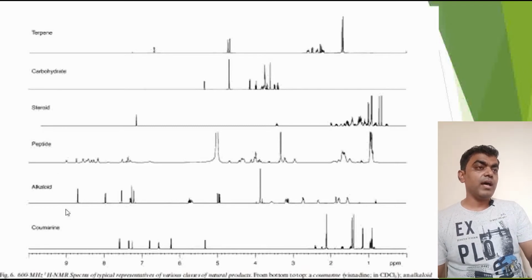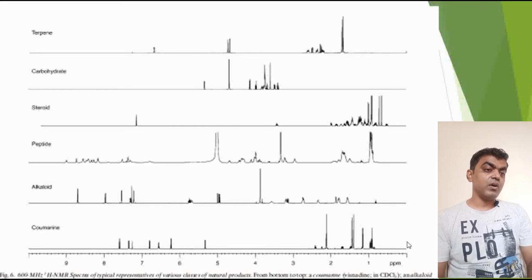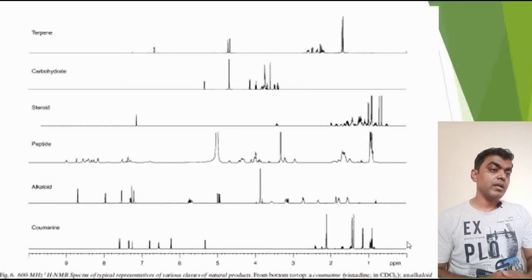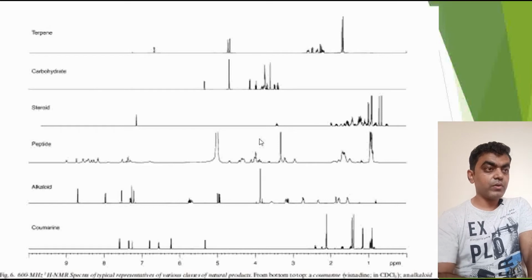All of these are there, these are simple proton spectra, and CDCl3 is used as the solvent here. You are not getting a peak from CDCl3, which is why I'm not showing it here.